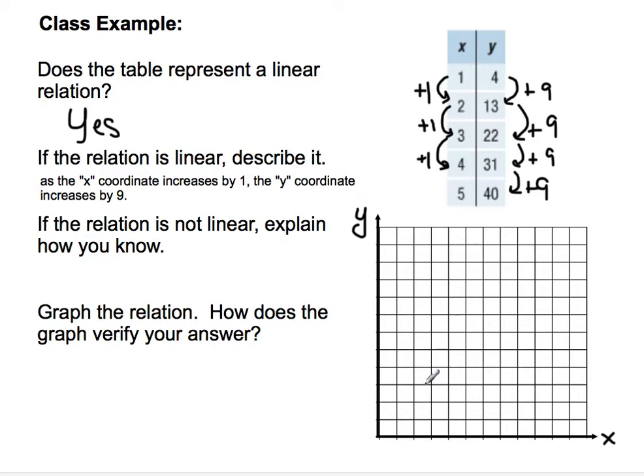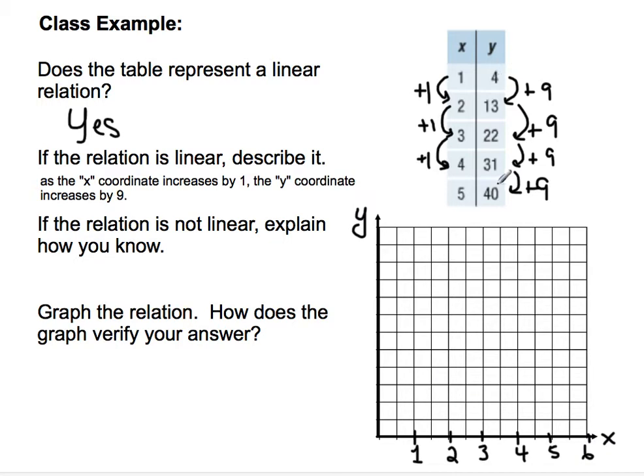Next is how do you scale this. We're going from 1 to 5, so I'm going to scale it by 1s, but I'm going to go up every 2. The reason I'm doing this is just to stretch out the graph so that the points, the linear relation, are graphed using most of the grid paper.